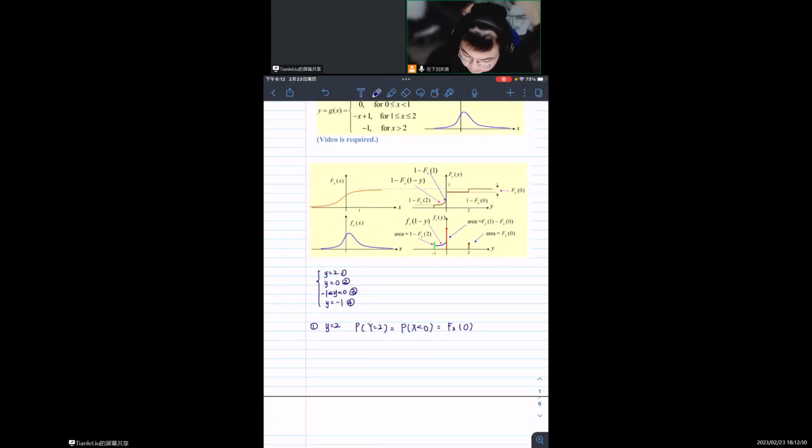But we should add an impulse function after this to get the correct answer, because it represents the step at this point. So we have to multiply it by delta. Since y equals 2, we use delta(y minus 2) to represent it. So we get F_X(0) multiplied by delta(y minus 2).